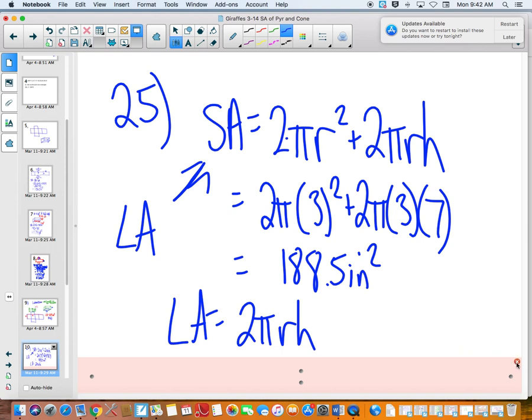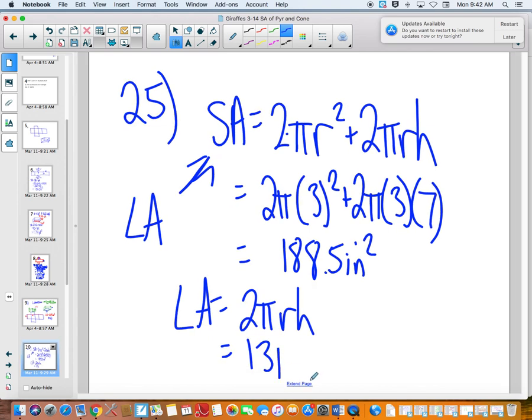So that's why the answer is just 131.8, and our units are inches squared. That is just this part here, not the bases, because they just asked for lateral area. So that was our mistake.